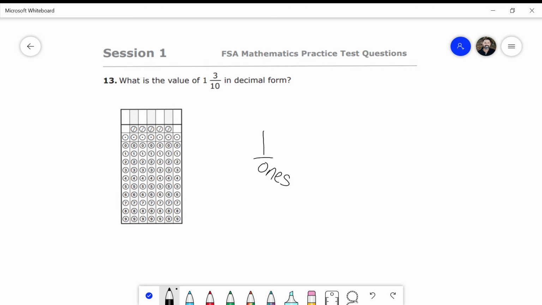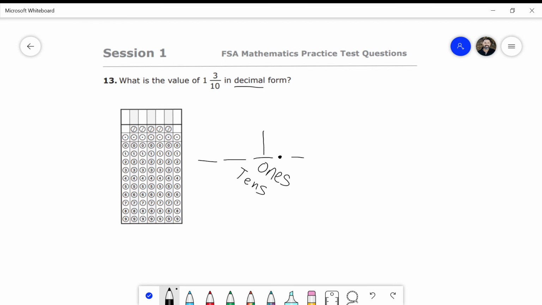So we want to identify a decimal because they're saying that we want a decimal form number. We don't have a whole, so we don't put it in the place values that we call ones or tens and hundreds and thousands, right? We want to put it on the right side of the decimal.